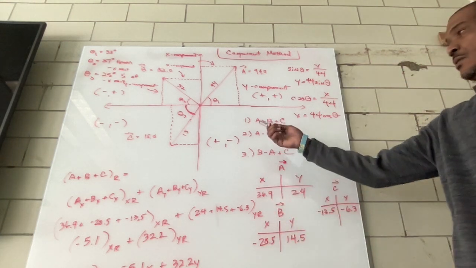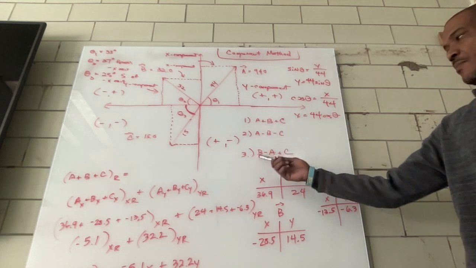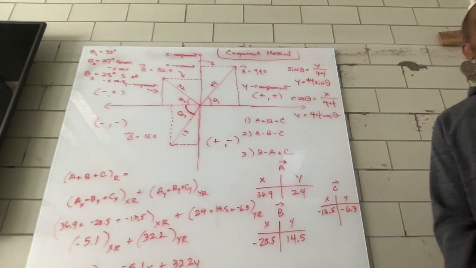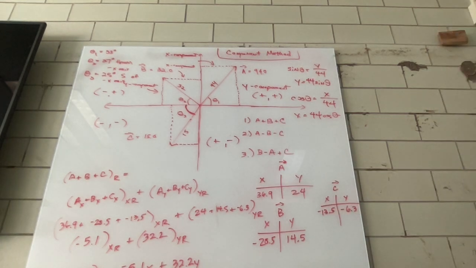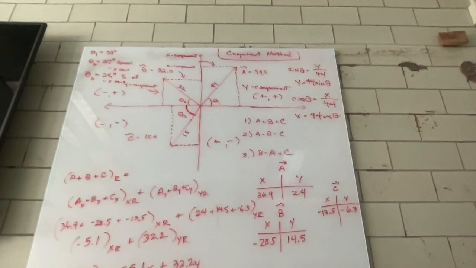So now I need you to do A minus B minus C and B minus A plus C. And we're gonna agree or we're gonna disagree, one or the other.